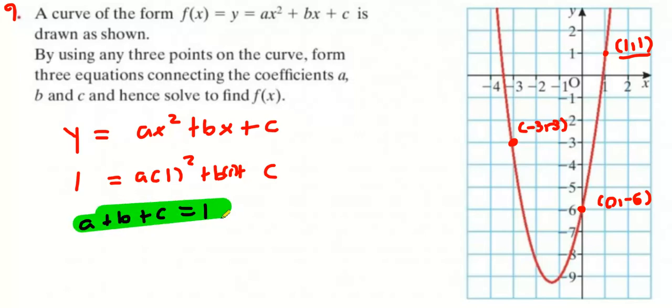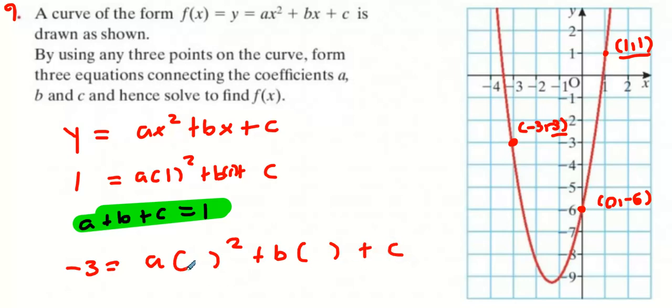That's the first equation. What do we do to get the next equation? Pick a point. Replace y with the y value, which is minus 3. What do you replace x with? Also minus 3 in this case.